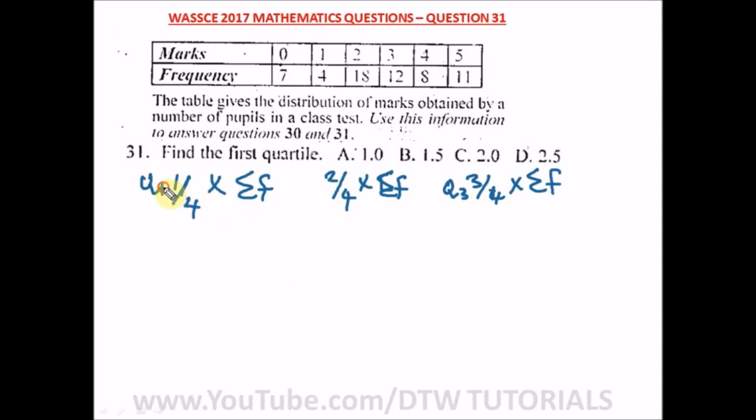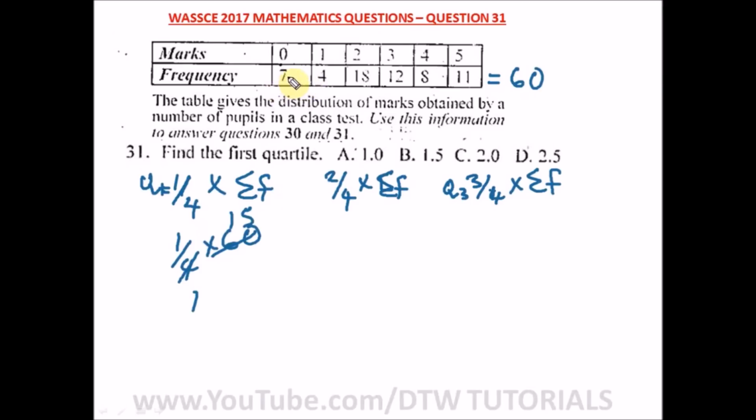Here we're told to find Q1. So Q1 is 1/4 of our total frequency. From our previous question, we've added these numbers and our total frequency is 60. So we have 1/4 times 60. 4 into 60 is 15. So we go to our table now.